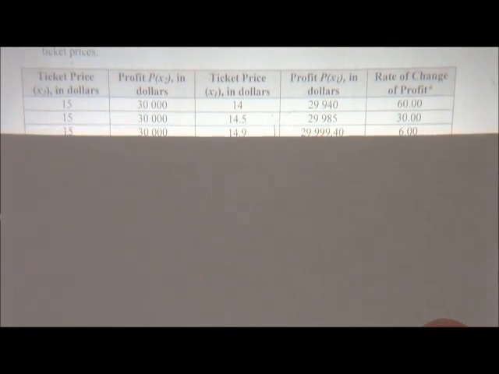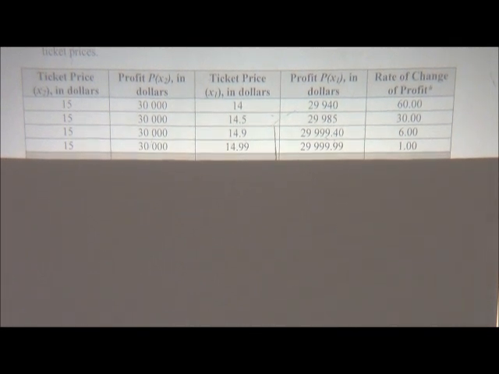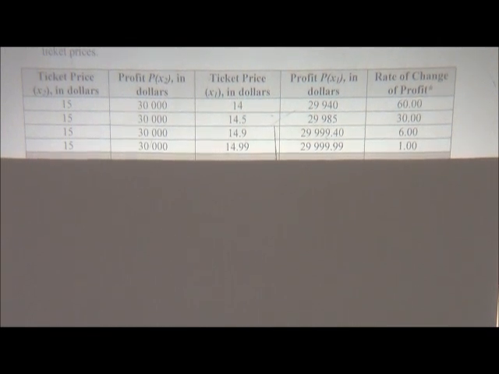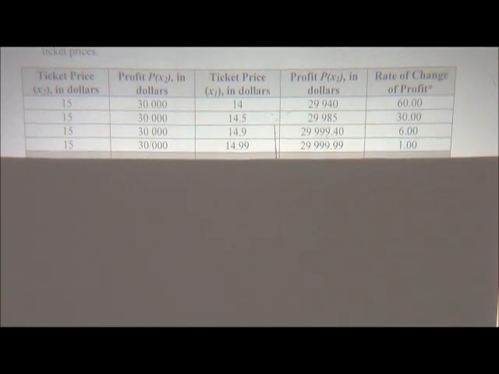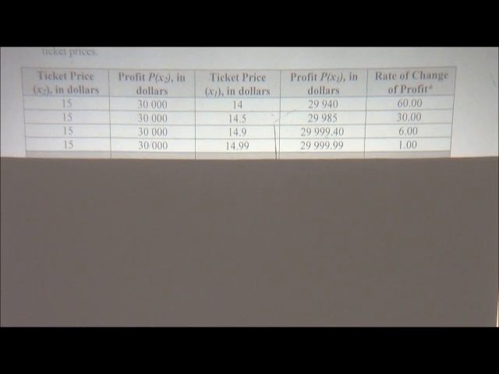As we fill in that table, the first four calculations are for the preceding interval, when the ticket price is lower than the $15 mark. We're slowly going to go up towards that $15 mark, so $14.50 and $14.90, followed, of course, by $14.99.